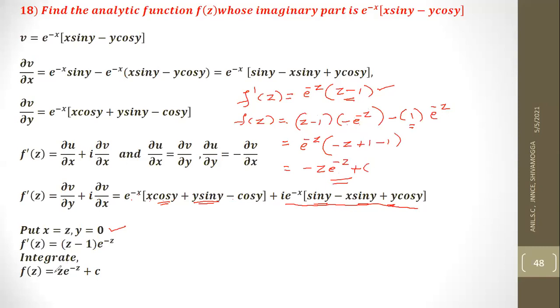This is the required analytic function whose imaginary part is e power minus x into x sin y minus y cos y.